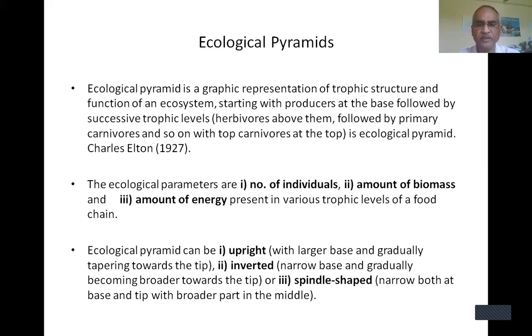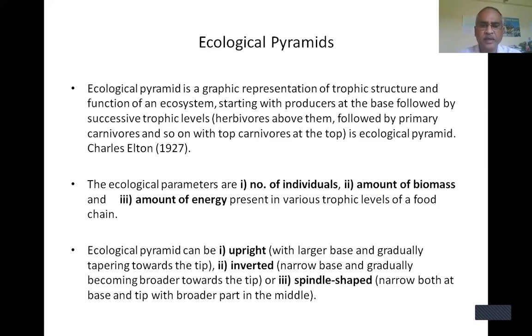The first one is based on number of individuals in the ecosystem, and the second one is based on the amount of biomass in the ecosystem. The third one is amount of energy present in various trophic levels of a food chain.